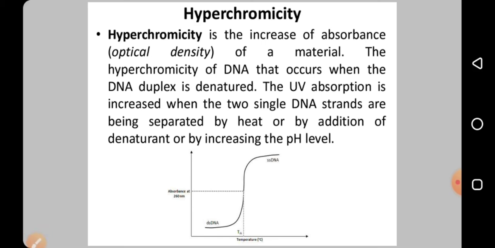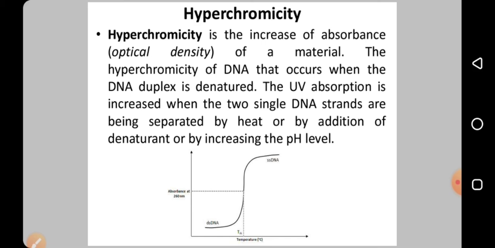You might be thinking, why is this UV light absorption increasing? It is increasing because when you increase the surface area, the absorption will increase. Same thing, if the particle is smaller, the surface to volume ratio is high. So it absorbs more, and this increasing absorption by any material, we call that phenomenon hyperchromicity.